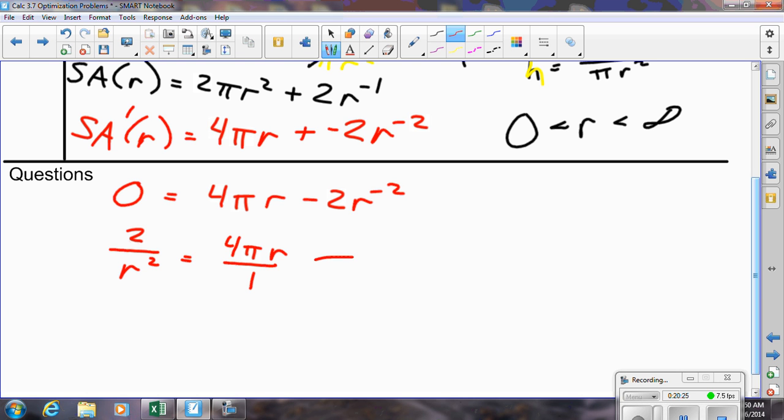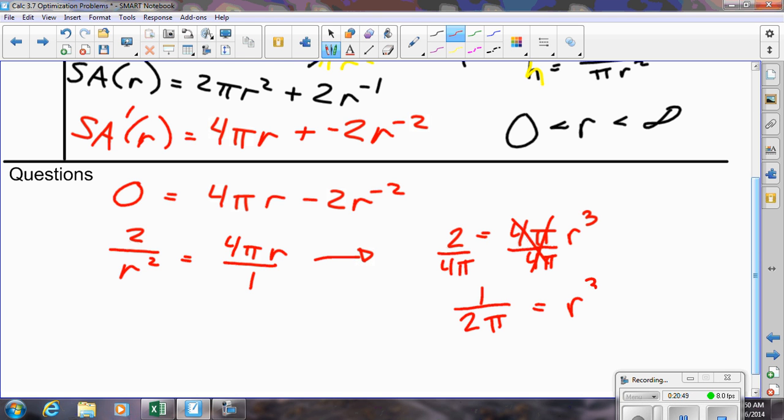Cross multiplication would then give us 2 equals 4 pi r cubed. Dividing by 4 pi would then give us 1 over 2 pi is equal to r cubed.